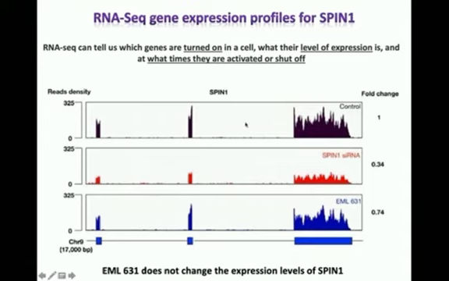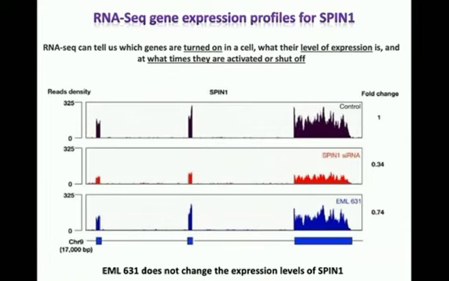So these are untreated cells, so that's why it's a control. And you can see here, this represents the region of the DNA, the gene of Spin1, represented by expression. So you understand now that the gene of Spin1 has three exons, and all of them, of course, are transcribed as messenger RNA, and this is the main result of RNA-seq.